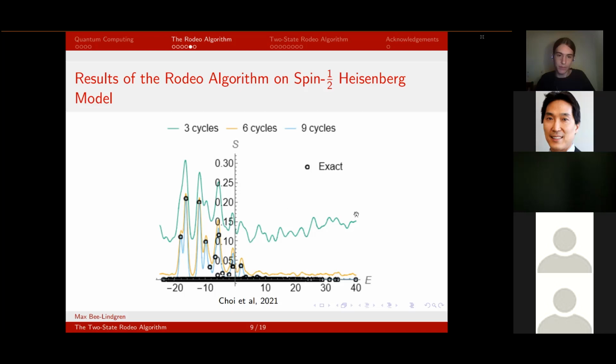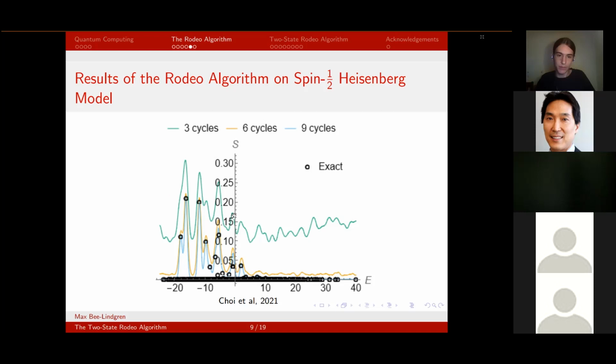However, there's still a pretty constant noise to the system, and the peaks are kind of muddled together. For example, this ground state is still technically visible, but it's pretty indistinguishable from this more dominant first excited state. Once we get up to 6 cycles, the noise is a lot lower and the peaks are a lot more visible.